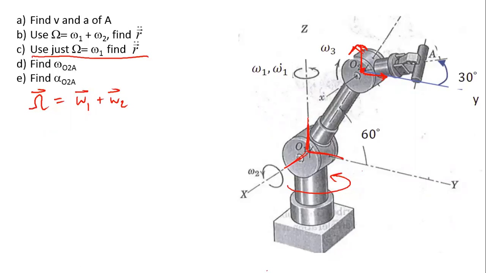So if I've done this as the axes that I'm looking at, I've got my capital XYZ rotating with, let's let it rotate with omega 1, sorry.